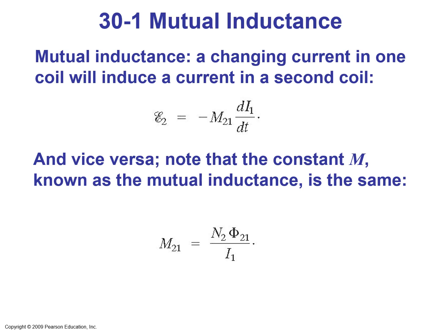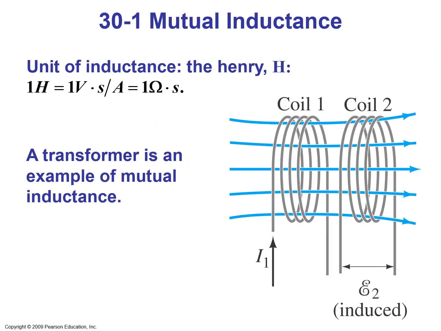M21 is equal to N2 multiplied by phi 21 over I1. The unit of inductance is the Henry. 1 Henry is equal to 1 volt times second over ampere and is equal to 1 ohm times second.